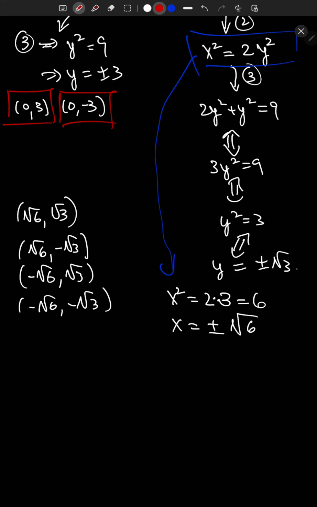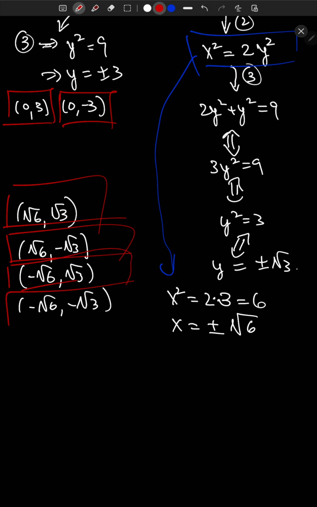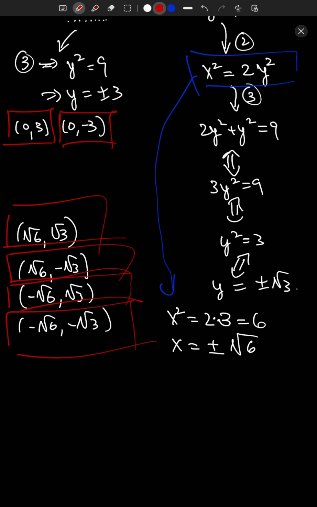Okay, so ultimately I have 1, 2, 3, 4, 5, 6 critical points, or 6 candidates for my max and min. All right, so that's the Lagrange multiplier portion of the problem. I have no boundary, right? The circle has no boundary. And so I'm just going to plug in all 6 of these points.